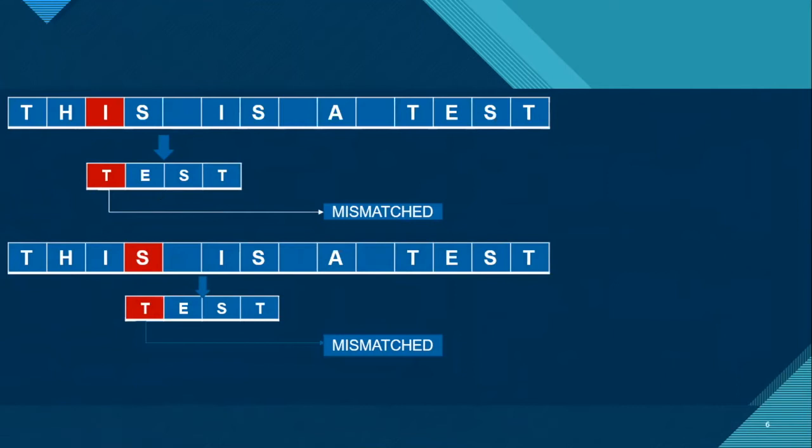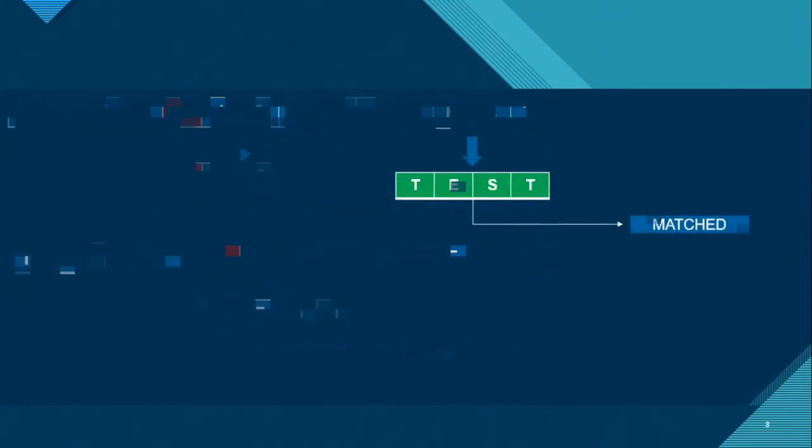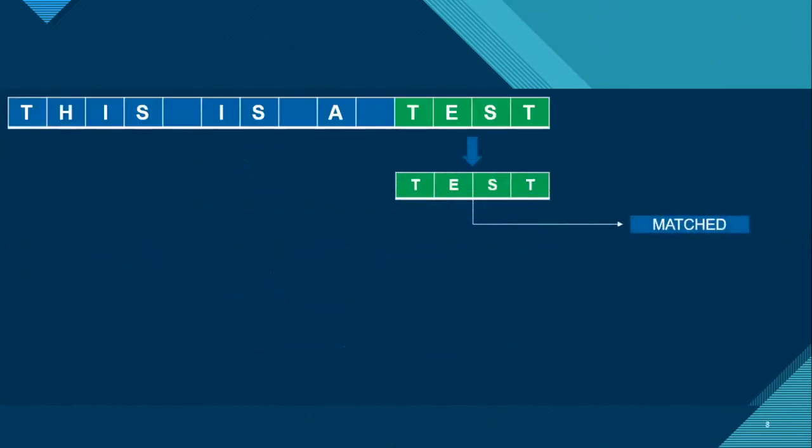We will match the pattern with every single character. Then we can see that it's mismatched, and it is also mismatched. And then at the end, in the last text, we match the first character with the pattern character.